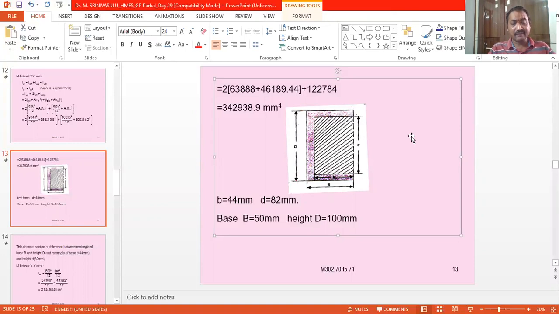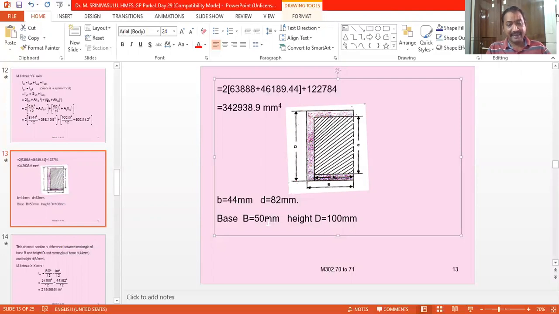So we can find the moment of inertia of this channel section by subtracting the moment of inertia of the smaller rectangle from the moment of inertia of the bigger rectangle. Here the dimensions for the bigger rectangle and smaller rectangle are known.